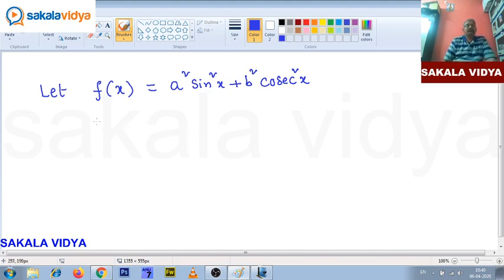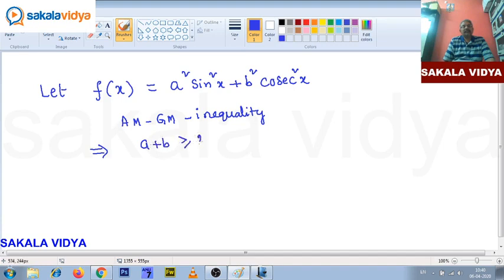So, now we know the AM GM inequality. So, you can apply that. The AM GM inequality is A plus B by 2 is greater than or equal to root AB, that is, A plus B is greater than or equal to 2 root AB.